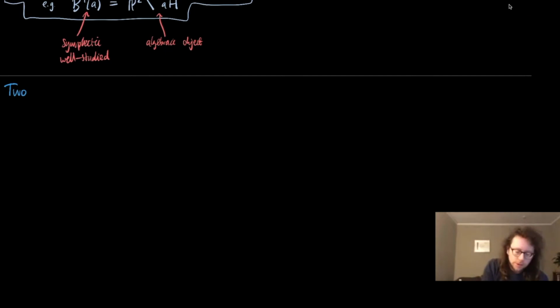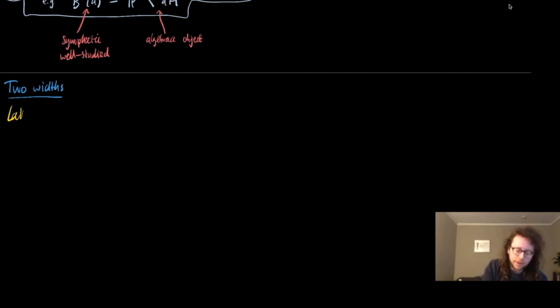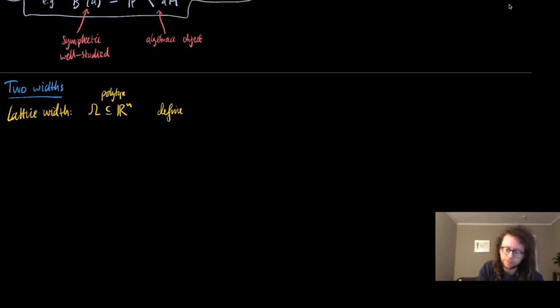Okay, so let's introduce the two widths. Let's start with the lattice width. For a polytope Ω in R^n, we're just going to straight out define the lattice width, which I'll denote by LW(Ω). It's defined to be a min max.